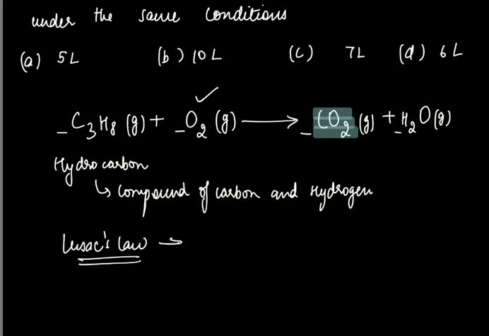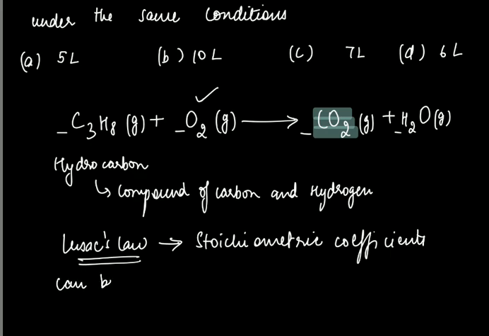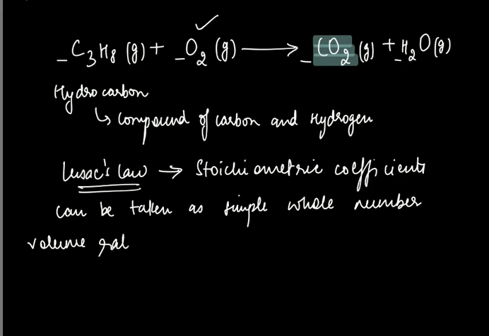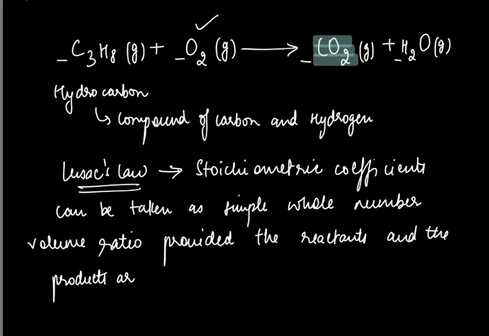So I'll write it over here in a simple way. Stoichiometric coefficients can be taken as simple whole number volume ratio, provided, and this is a condition, the reactants and the products are in the gaseous state.